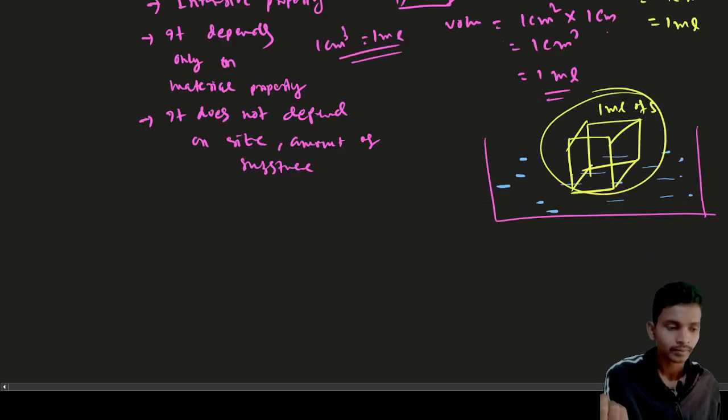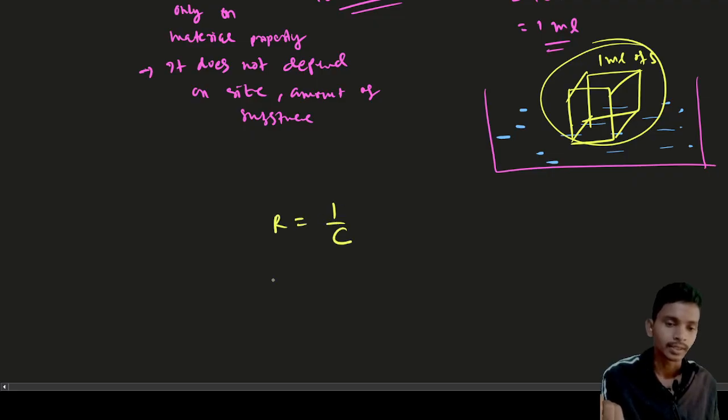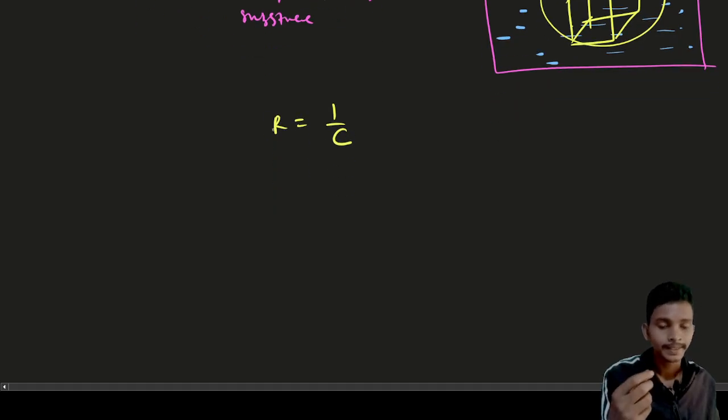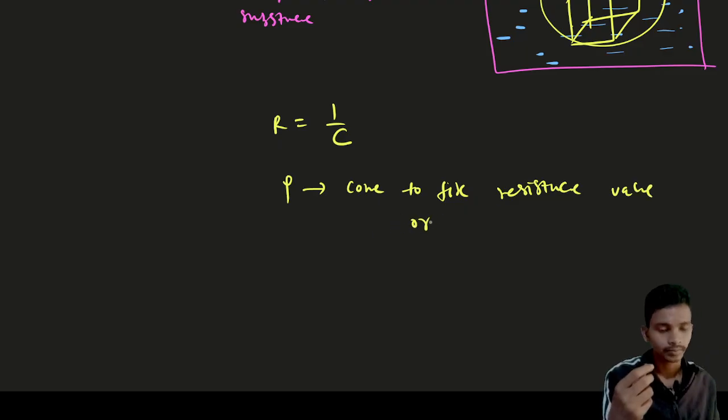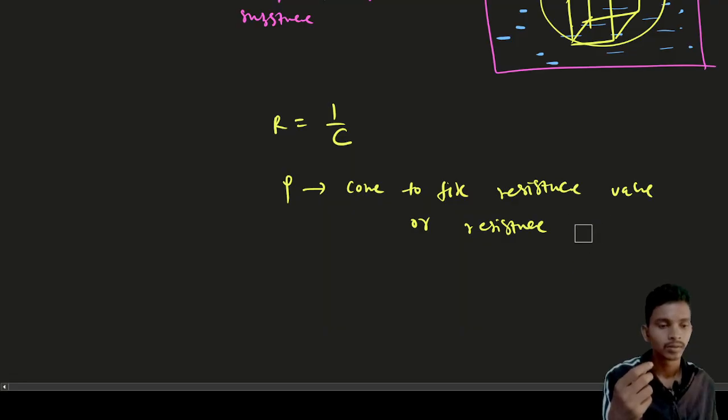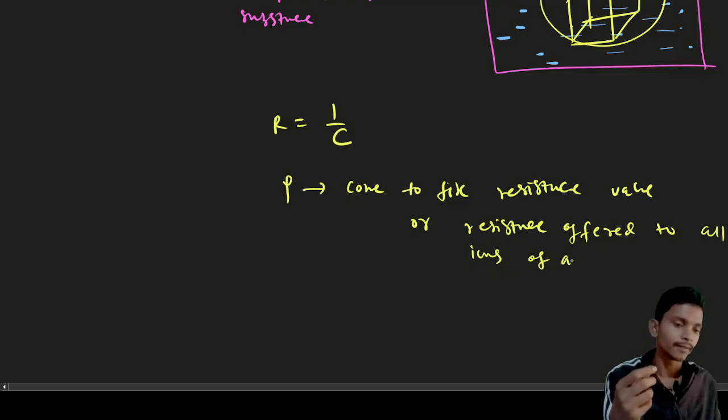And since resistance is 1 by conductance, similarly the specific resistance comes to fix the resistance value, or the resistance offered to all ions of an electrolyte in 1 ml of solution.